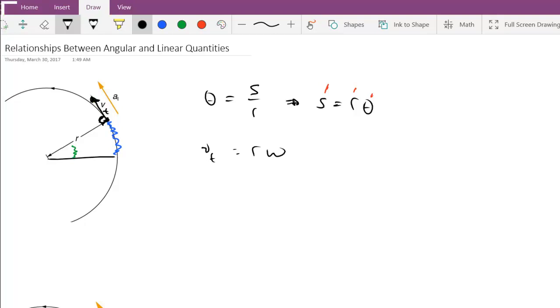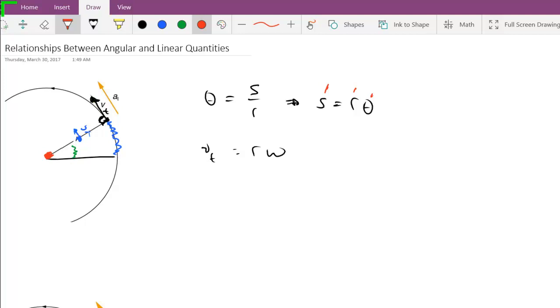We can see here that as we move farther out on the radius, we're going to have a larger speed, which makes sense. If we have a point maybe halfway along the radius, this is going to have a smaller linear speed, a smaller tangential velocity, because it has a smaller radius. If we go to a point all the way at the center of the circle, then the radius is equal to 0, and this has no linear speed.